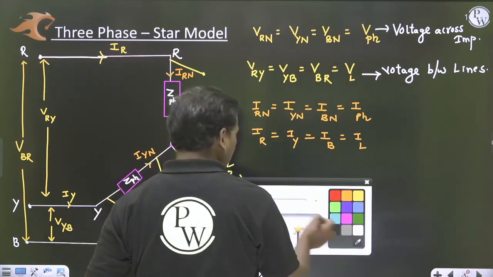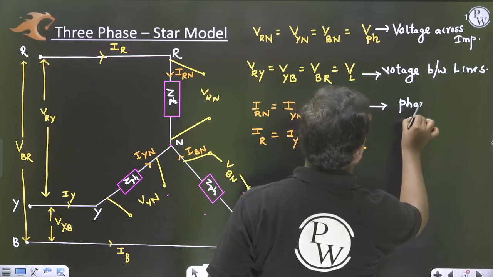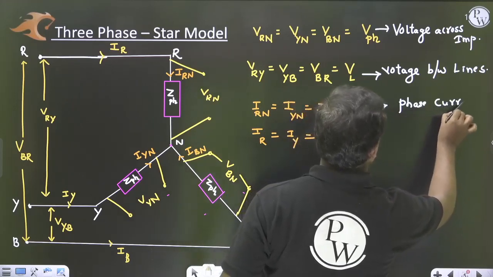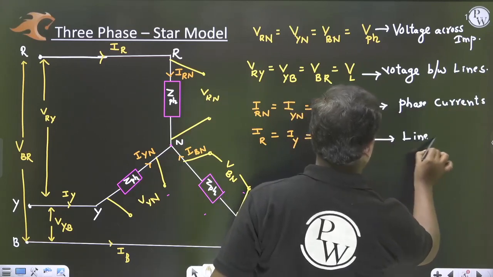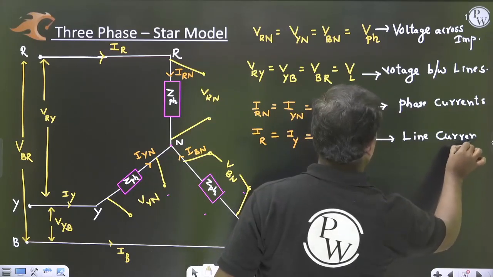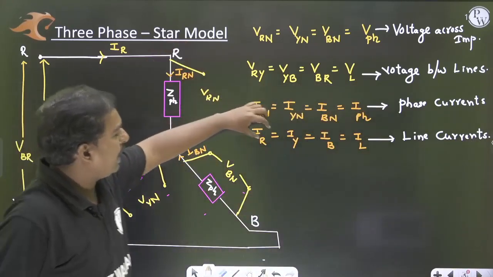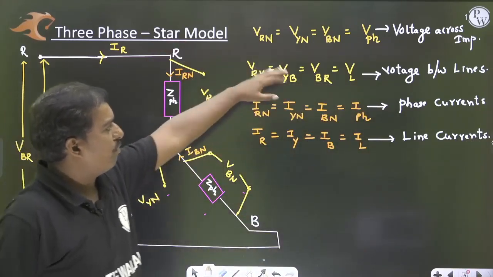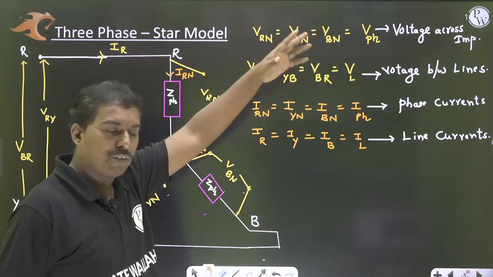In the star model, IL is equal to IPH, and VL is equal to √3 VPH. That is a part of your network theory.